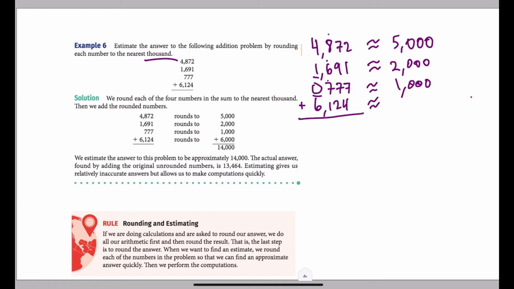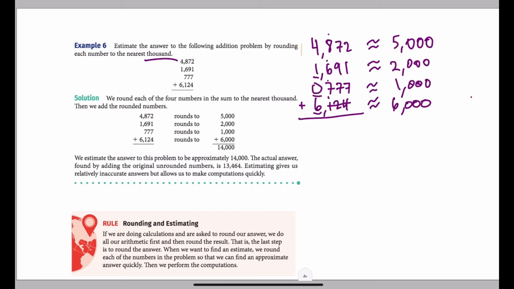6,124, well, 124, that's certainly a considerable number, but because we're rounding to the thousands place and the 1 is a small number, we can round it off. So it looks like 6,000 when it's rounded down to the nearest thousand.